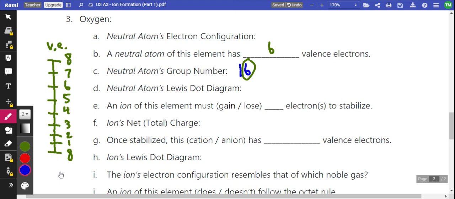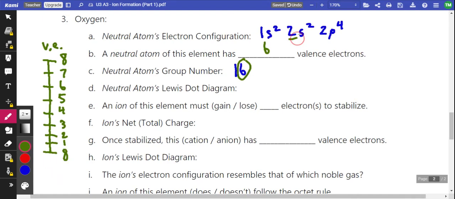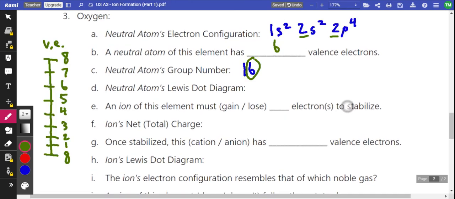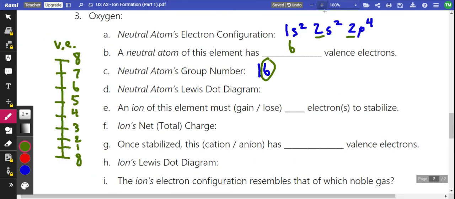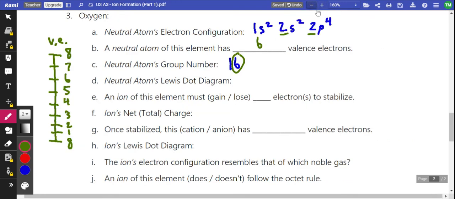And just to confirm that, its electron configuration is 1s2, 2s2, and it ends in 2p4. So the second energy level is farthest out. 2 electrons there, 4 electrons there, for a total of 6 valence electrons. So nice. So oxygen starts with 6 valence electrons.